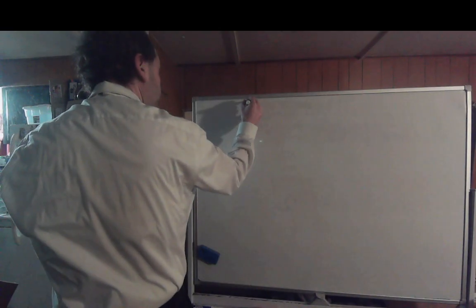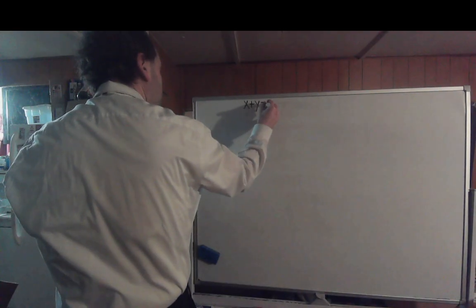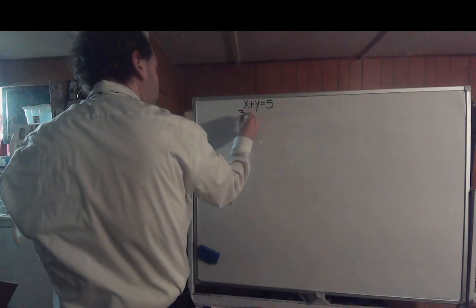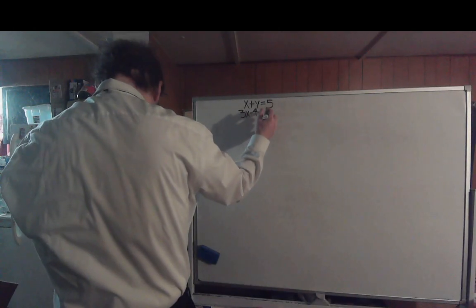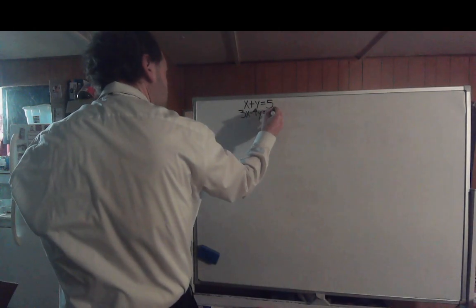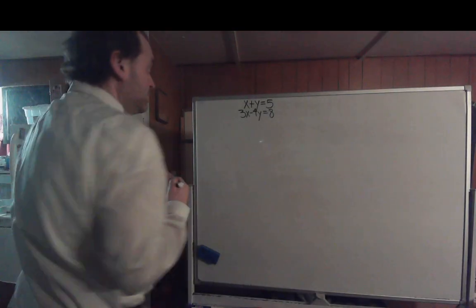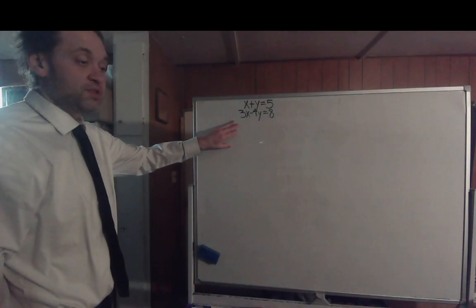So we have the first system: x plus y equals 5, and 3x minus 4y is equal to 8.